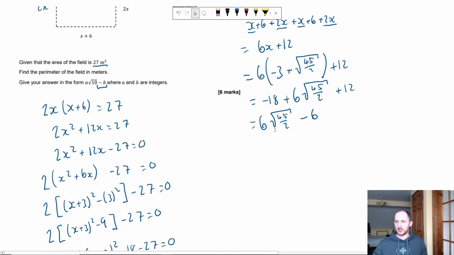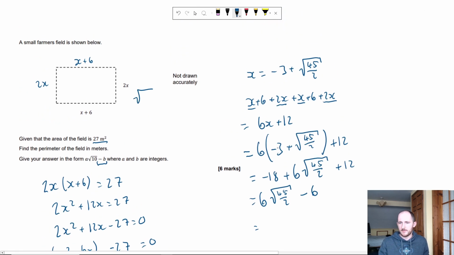Now, we need to actually resolve this a little bit. What I'm going to do is start solving this root 45 over root 2 thing. I'm going to write root 45 over 2 here. That would equal, if I break it up into root 9, root 5, so in other words, 3 root 5, and that will be over root 2.